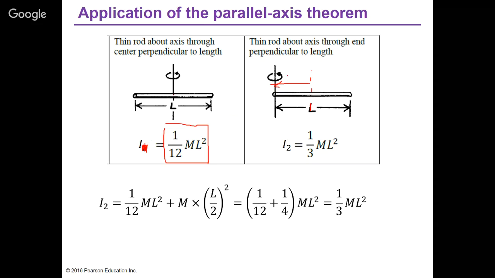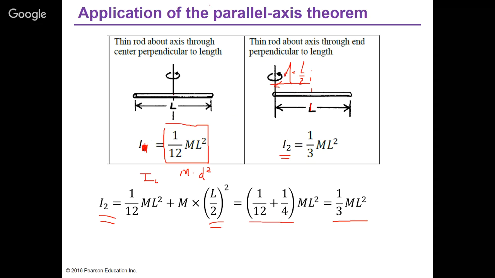We move it by d equal to L divided by 2. Then the moment of inertia around this new axis will be the original I_C plus m times d squared, where d is L divided by 2. Pulling ml squared out, that's 1/12 plus 1/4, which is 1/3 of ml squared.